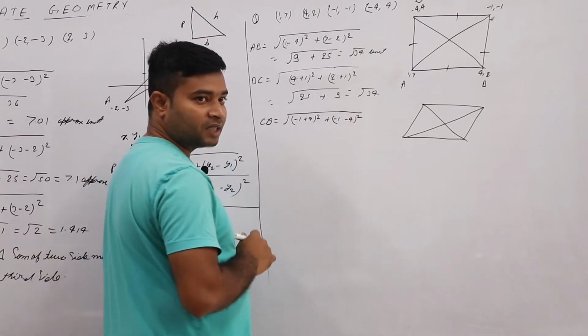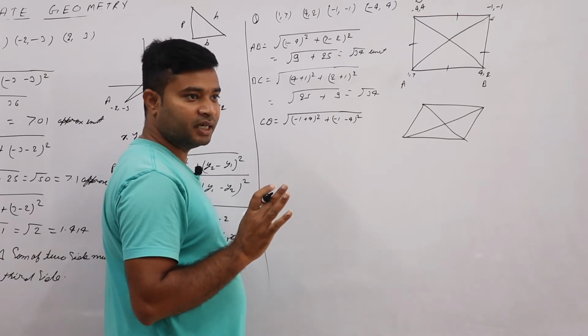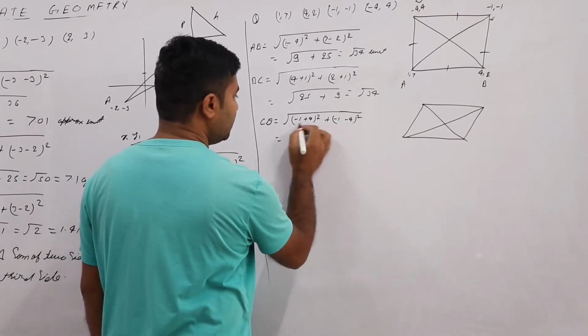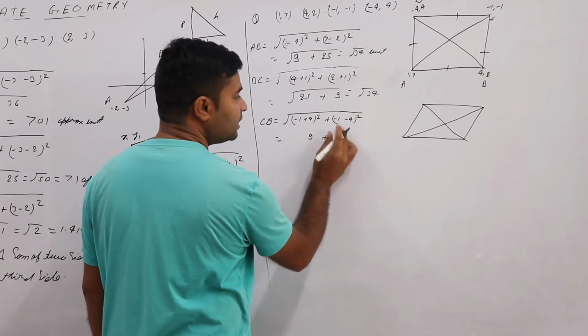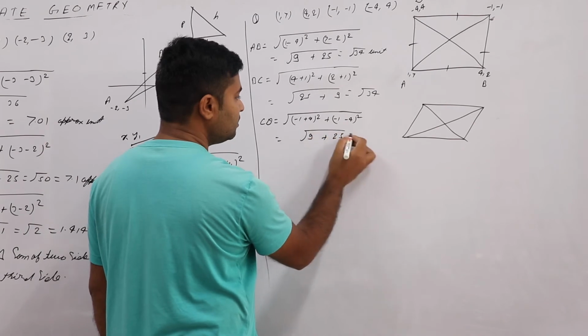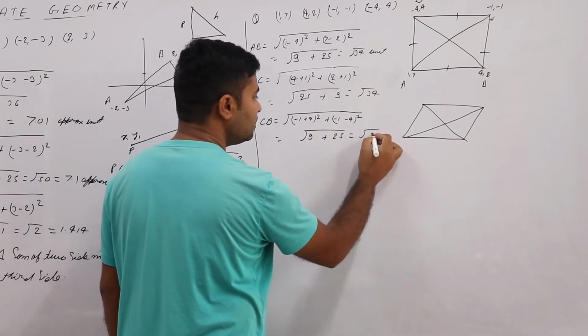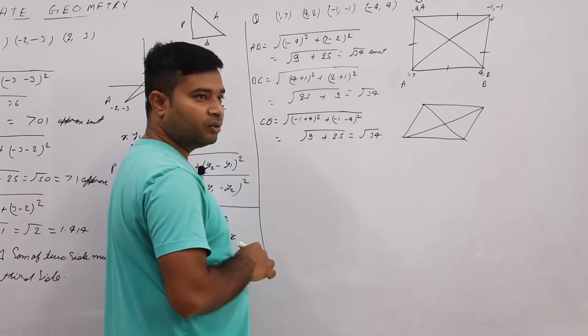Getting now? Yes, sir. Try to speak. If you do not speak now, you can't understand. So here 3 square is 9. This is minus 5. Minus 5 square is plus 25. So again root 34.